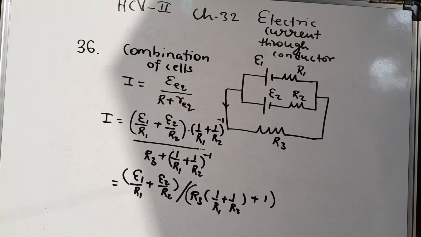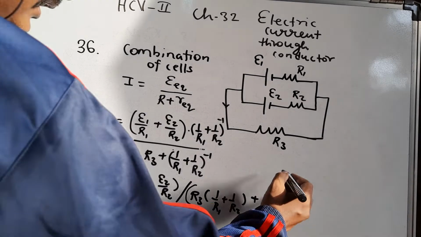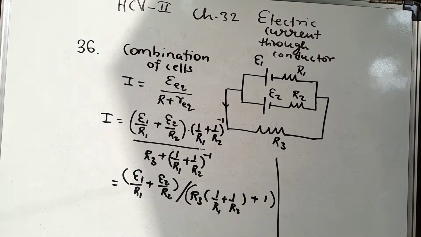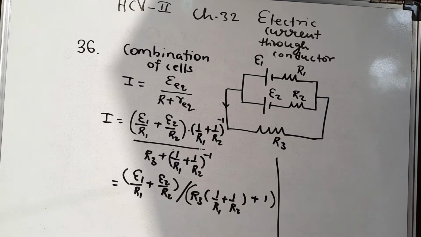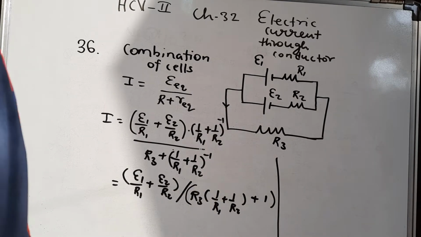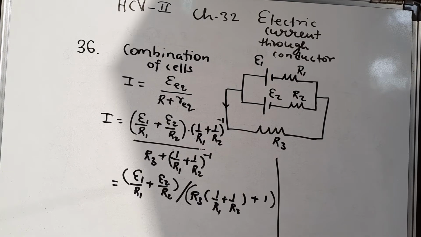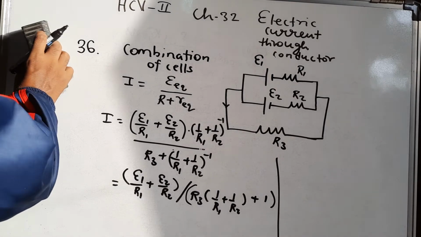So now we get this formula for I, and then you can multiply this R3 into 1, this R3 into 1. So let me rewrite that.